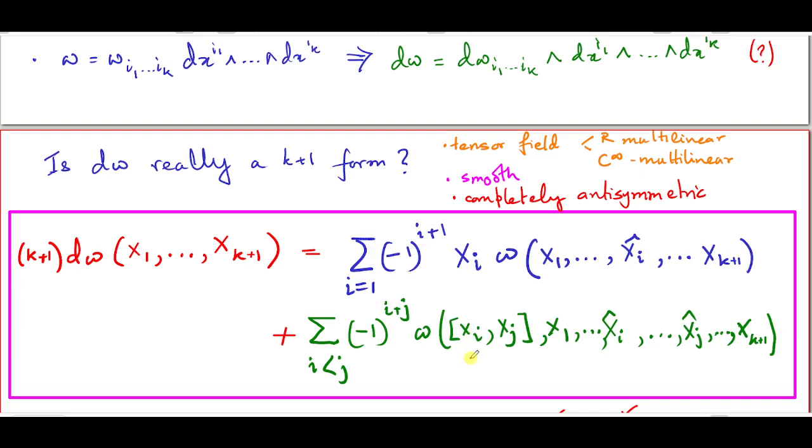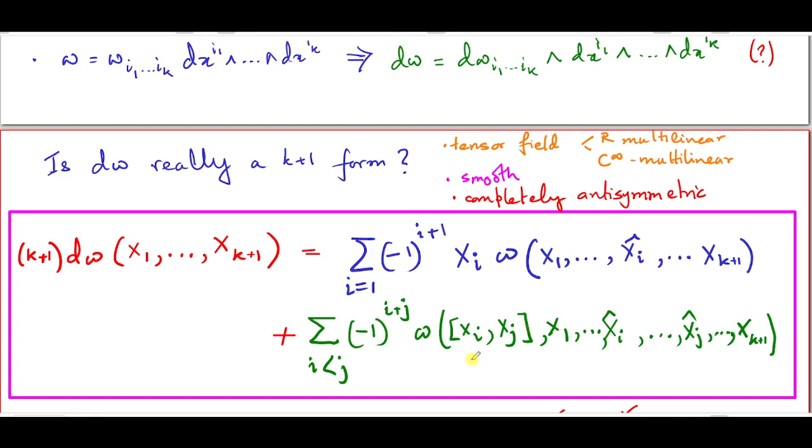Now it's rather obvious that if i and j, the two indices of the summation, were both different from a and b, then xa and xb would be vector fields sitting inside this lot. So these would be arguments of the k-form omega. And therefore, interchanging xa and xb in that case is simply going to give rise to a minus sign.